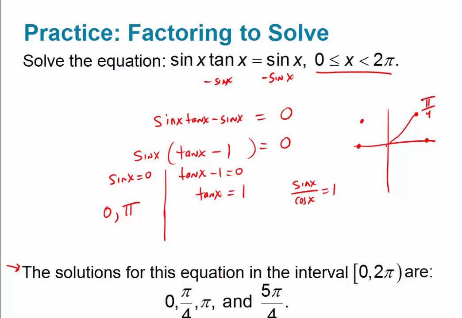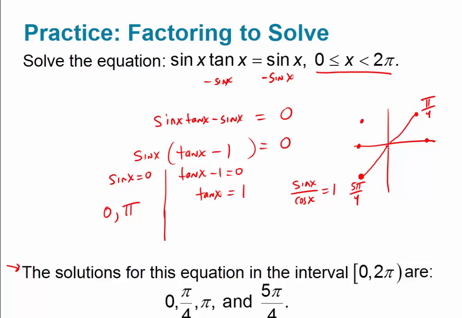But down here, when they're both negative, this would be another location, and when I take a negative divided by a negative, it would still give me a positive. So this would be at pi plus pi over 4, that would be at 5 pi over 4 for that angle.